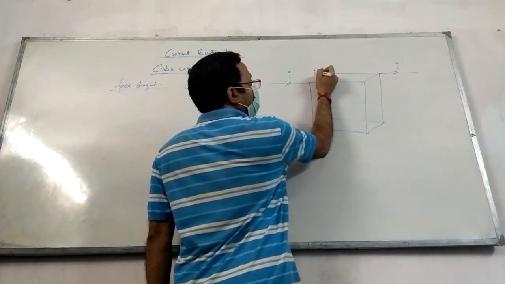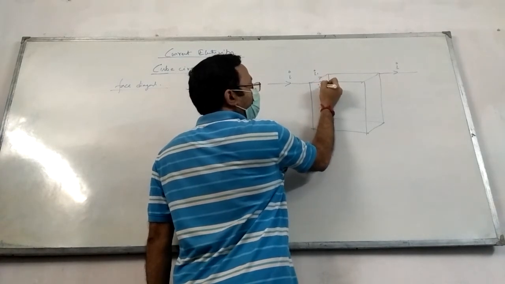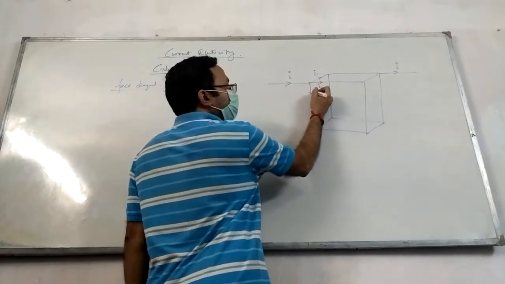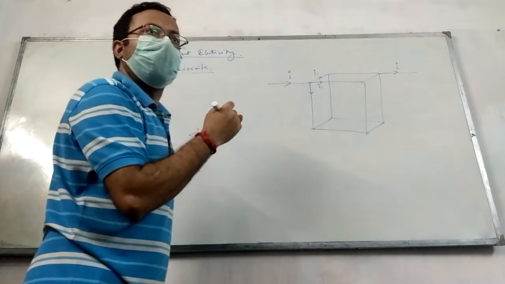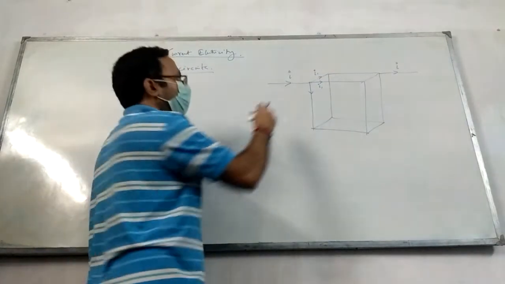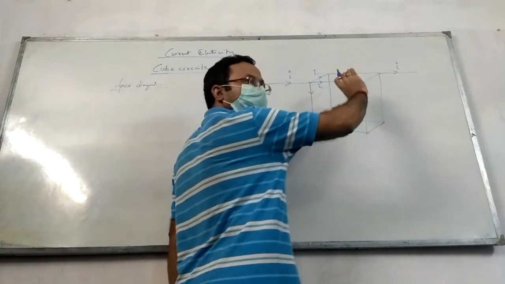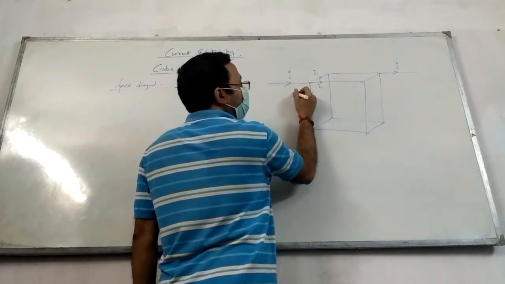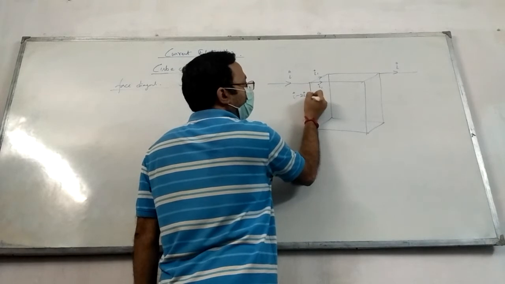So if I take the current as I1 over here, the current will be I1 over here. But the current passing through this part will be different. It will not be the same. Why? Because the amount of resistance it is getting is different. So this part will obviously have the current as I minus 2I1, right?